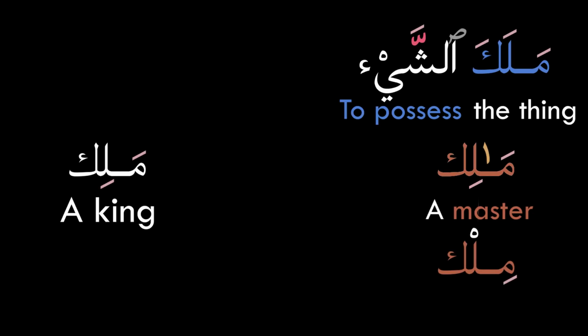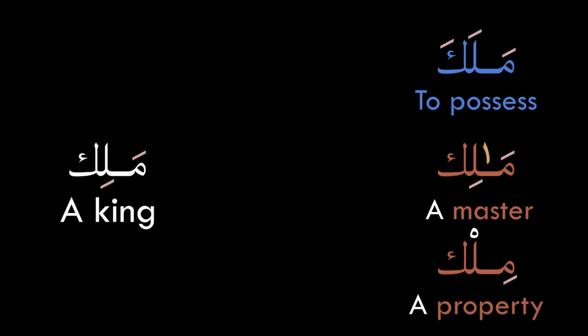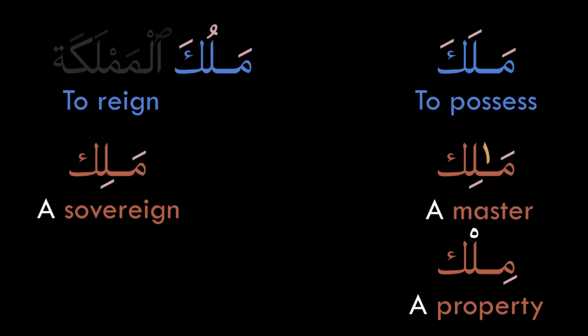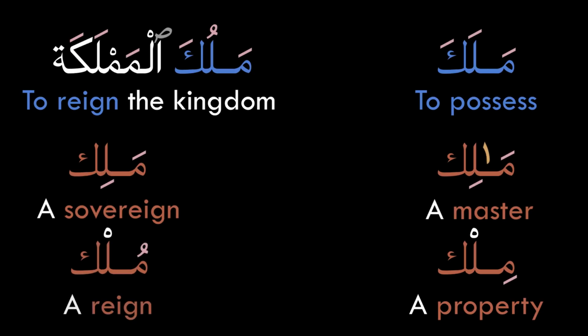while the noun milk means ownership or property. But the word malik, which also is an active participle, which means the one who reigns, who is here the king or the sovereign, is derived from the verb maluka and not malaka, which means to reign or to rule, like maluka al-mamlakata, to reign the kingdom, and the noun mulk means the reign.